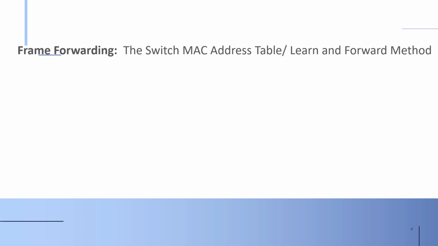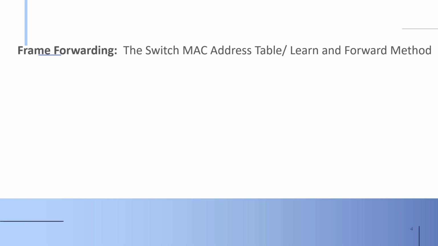LAN switches determine how to handle incoming data frames by maintaining the MAC address table. A switch populates its MAC address table by recording the source MAC address of each device connected to each of its ports. The switch refers to the information in the MAC address table to send frames destined for a specific device out of the port which has been assigned to that device.